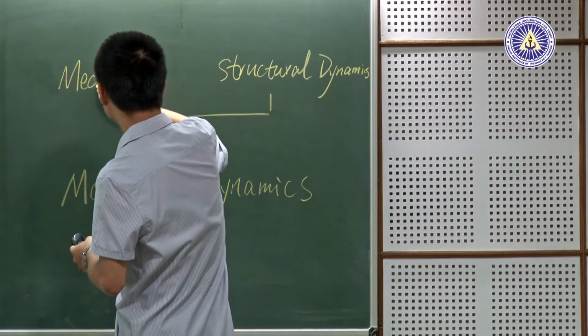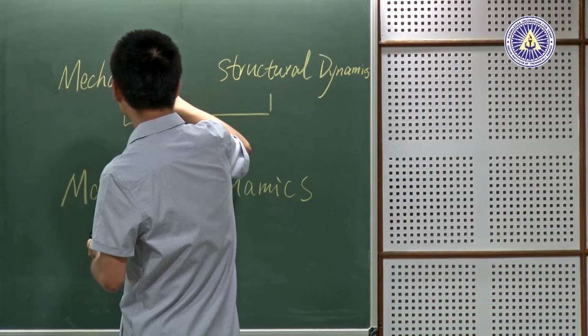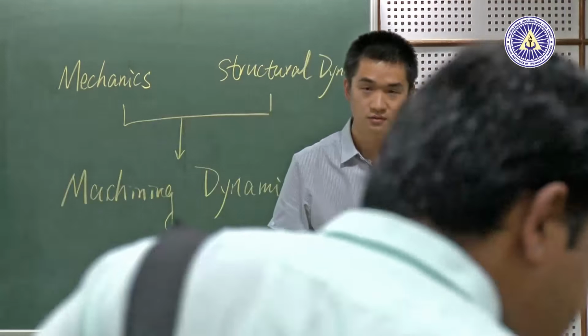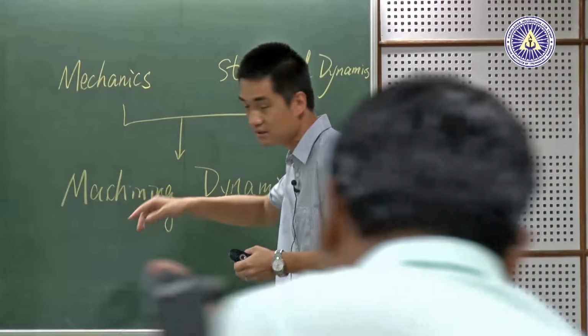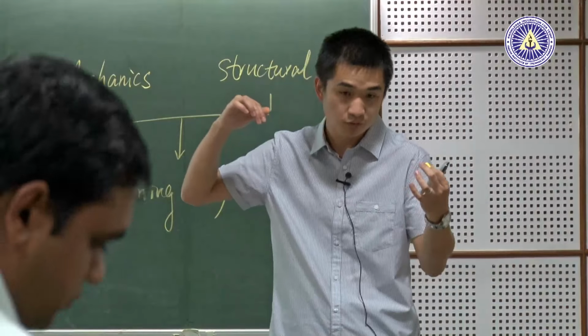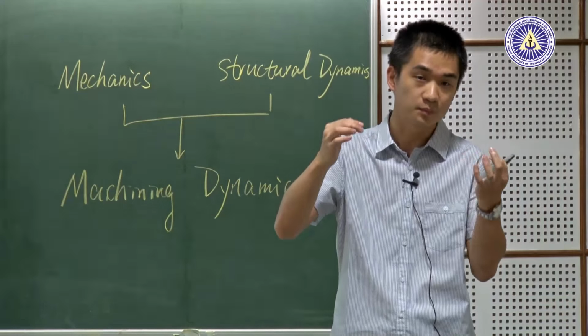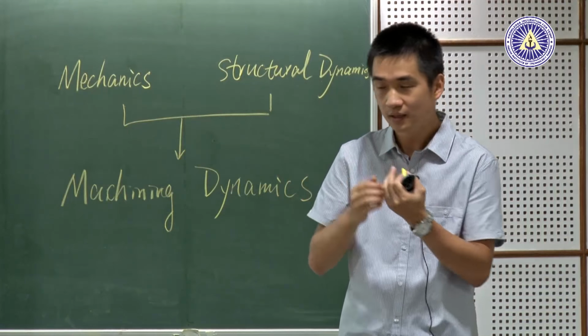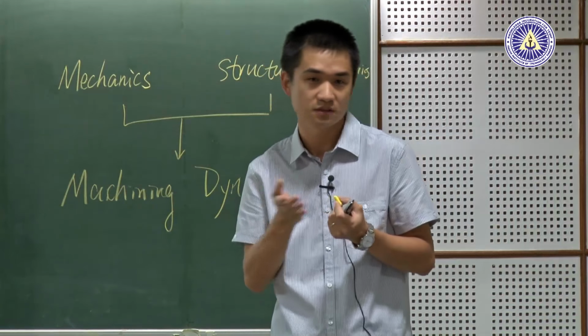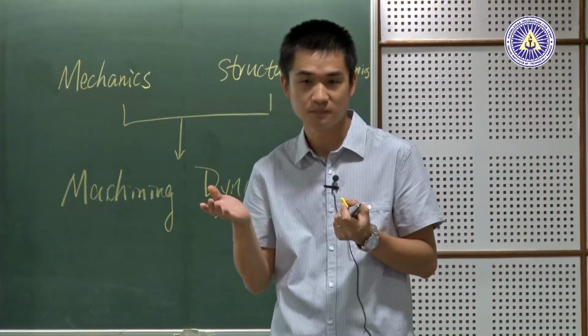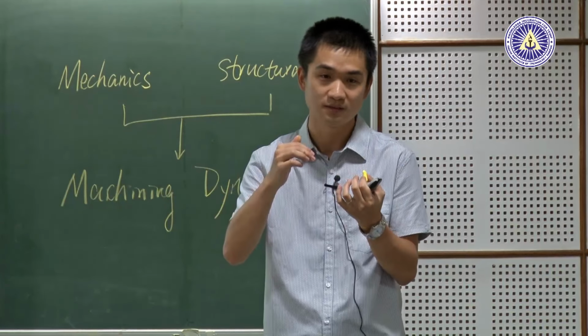And this process itself also has a mechanics aspect, right? Because it's a machining process, the tool goes through the workpiece, then it causes deformation of the workpiece at this cutting location. From the solid mechanics point of view, there's a terminology for deformation, meaning the material will have strain, right?